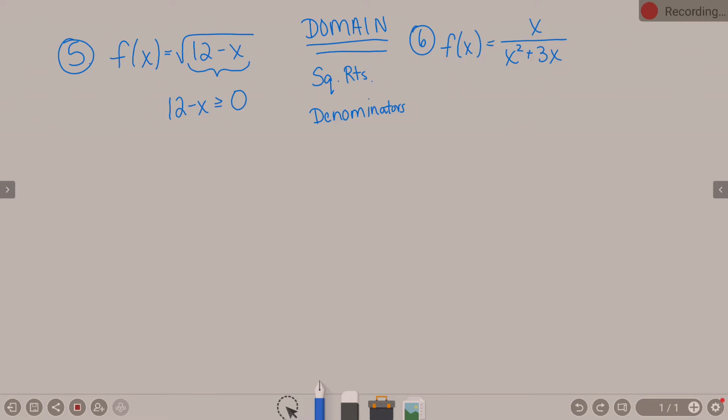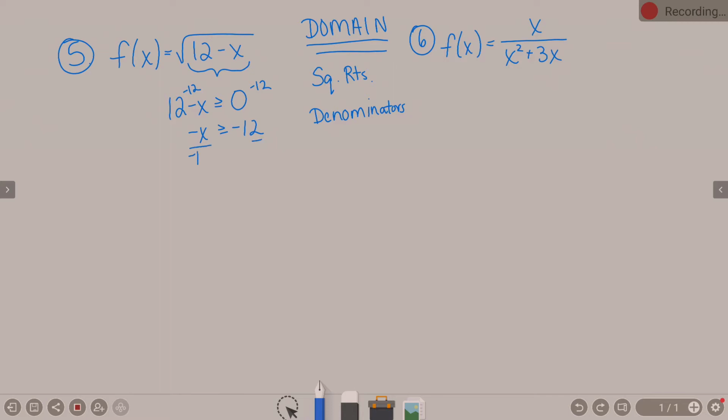Now, algebra-wise, I haven't looked at the graph yet, right? Algebra-wise, do some solving. If it's 12 minus x, I just subtracted 12: negative x greater than or equal to negative 12. How do I deal with the negative x? What do you guys multiply or divide? Divide?